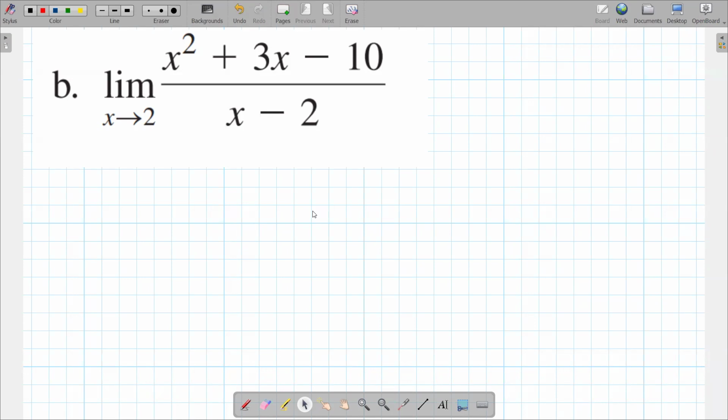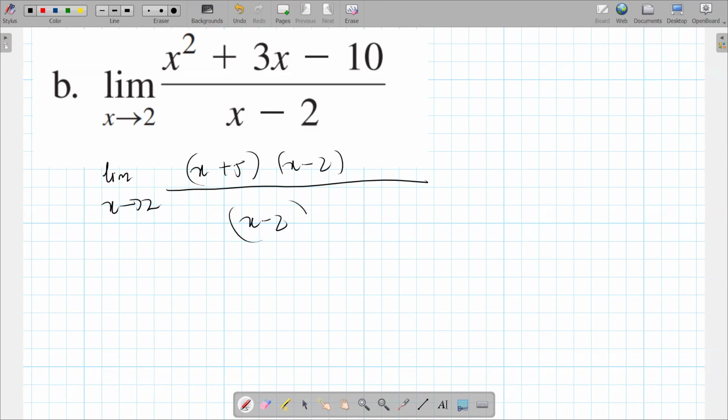So I'm gonna try and factor this. Again, not gonna waste too much time. If you're not sure about how to factor a quadratic, watch our previous videos. I'm just gonna do this in my head. It'll be +5 and -2. So like that. Can we cancel out the x minus 2's? Yep.